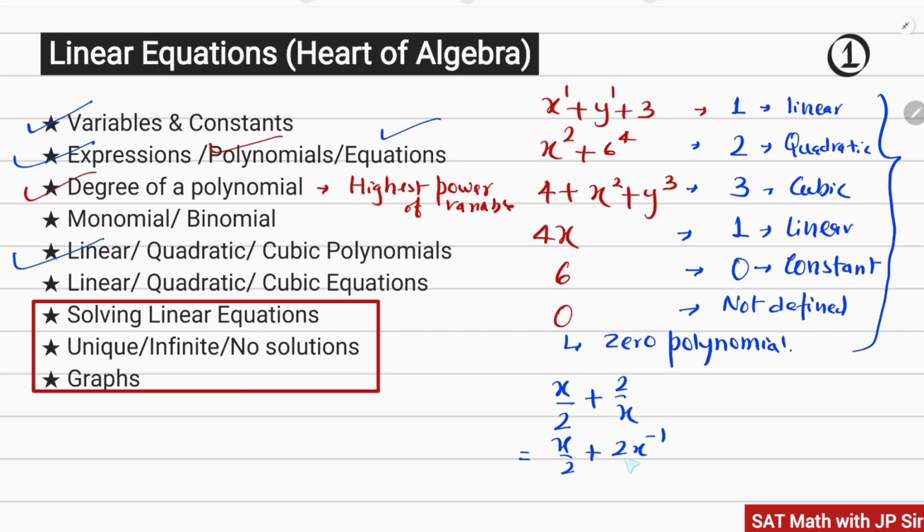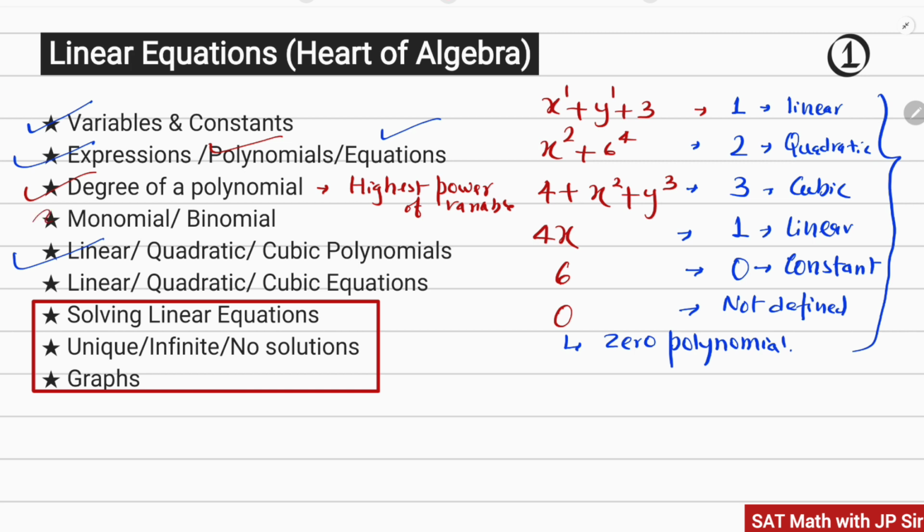Now you can say that it's not even a polynomial. So its degree doesn't exist because it's not a polynomial. Keep in mind, when we talk about degree, we talk about only polynomials.